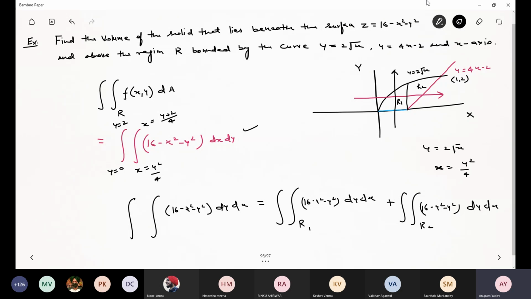So it is required to distribute the region into two parts so that we can put the required limits. It is our choice. We are free to choose any one of them, but it's our smartness and wise decision which order we should choose. In this particular example, we should go for the first choice, the order dx dy, because that requires less computation.